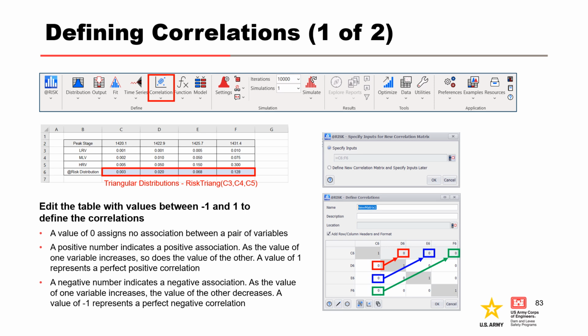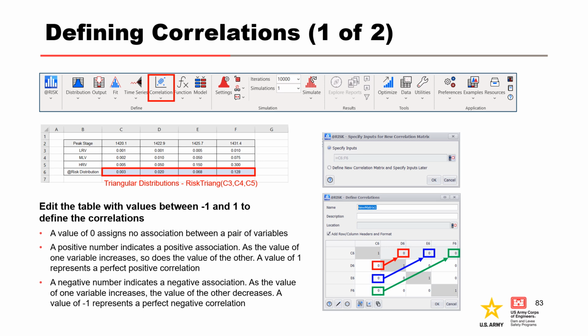The cells located diagonally across the middle of the table will always be 1 because a cell must be perfectly correlated with itself. If you change a value on one side of the diagonal, the value that mirrors it on the other side will also change. In the red box is the correlation between the distribution in cell C6 and the one in D6.